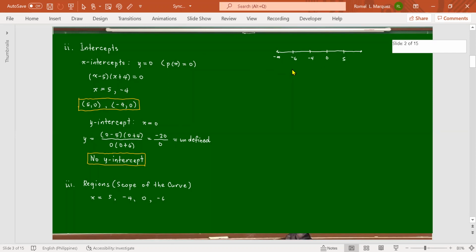We will be determining the sign. How many factors do we have in the numerator of the simplified? x minus 5, x plus 4, x, and then x plus 6, right?